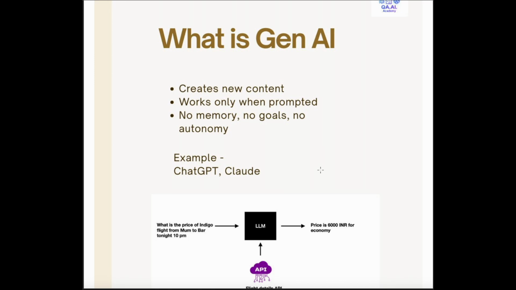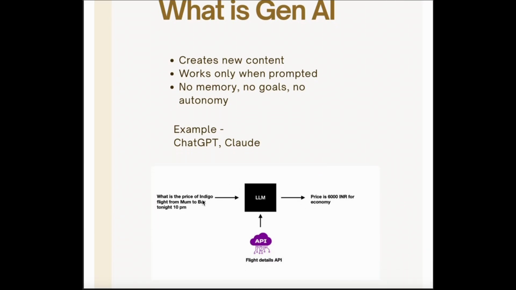It can generate text, code, or in terms of QA, test cases, explanations, etc. Suppose in terms of QA, you ask it to generate test cases for a login functionality, and Gen AI would give you the proper output. So that's how Gen AI works.